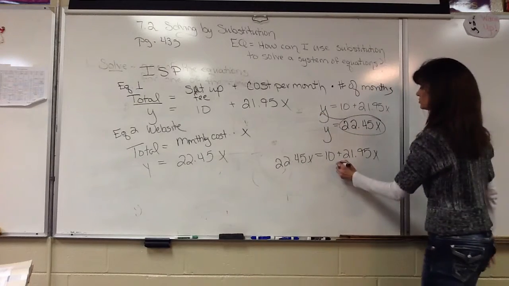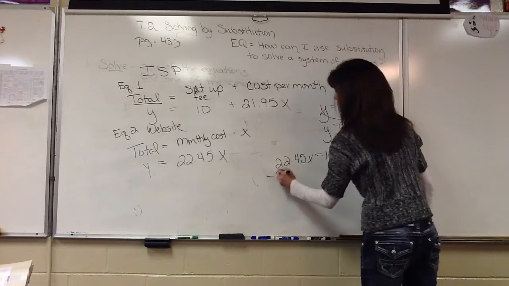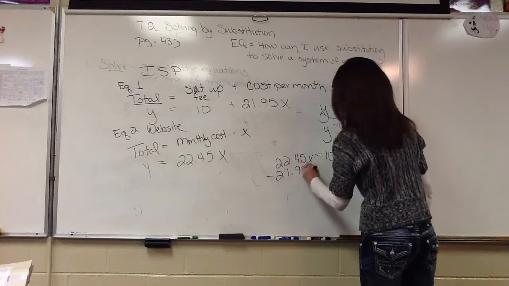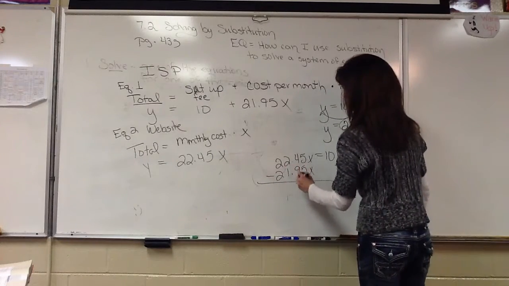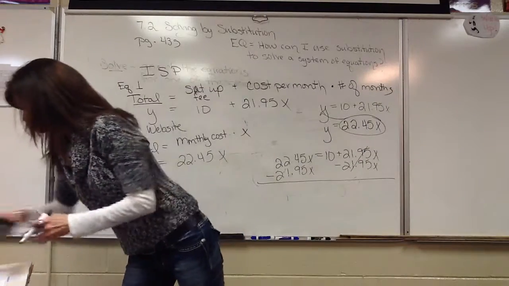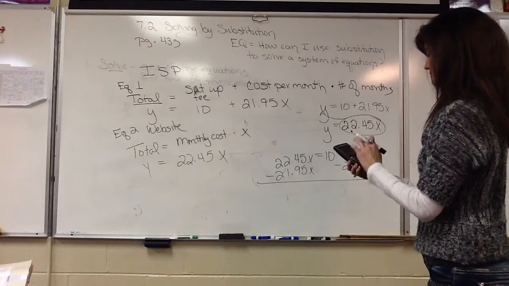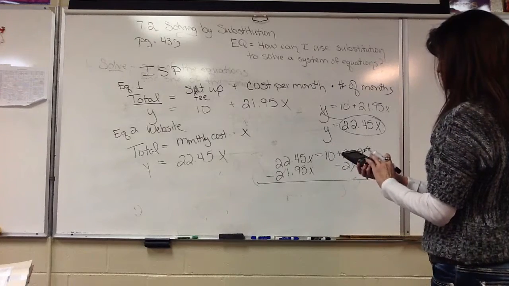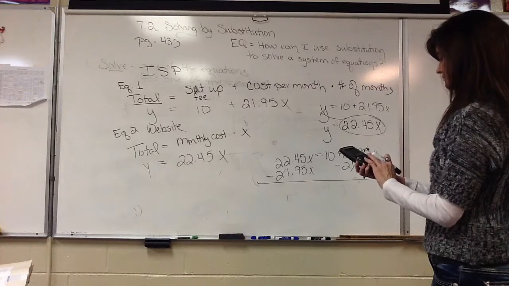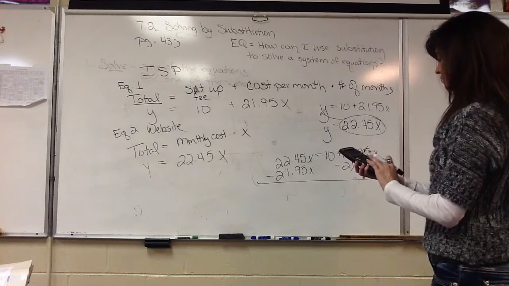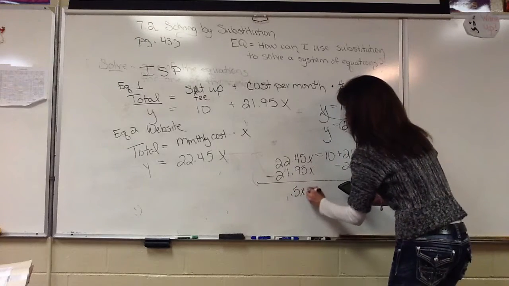So the first thing I'll do is subtract that 21.95x from both sides. Of course that will cancel here, and we're going to say 22.45 minus 21.95, and we get 0.5x equals 10.